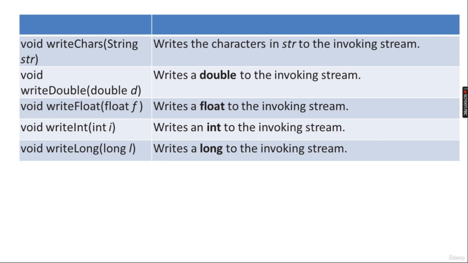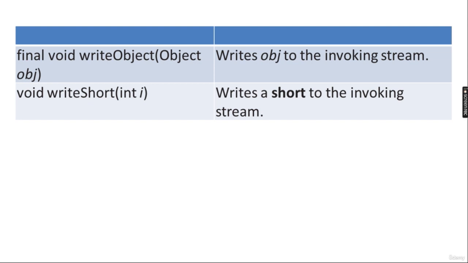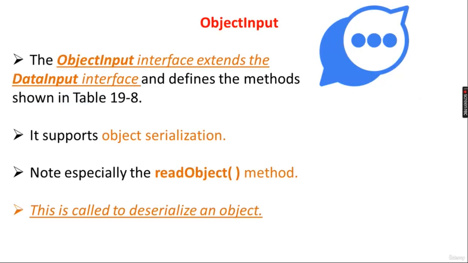Void writeFloat(float f) writes a float. Void writeInt(int i) writes an int. Void writeLong writes a long. WriteObject writes an object to the stream. Void writeShort writes a short to the invoking stream.